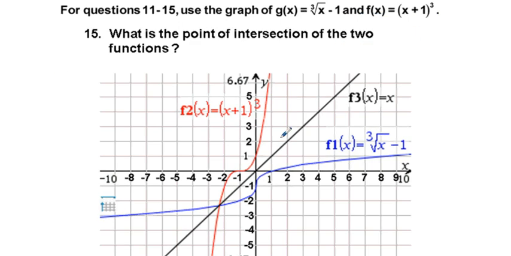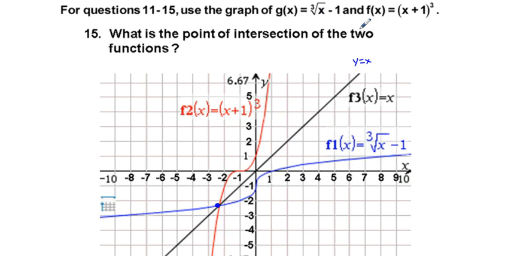Now 15, what is the point of intersection of the two functions? Now this one here is tougher to do. Now you can just kind of look at it, and it's going to be this point right here down in quadrant 3 where these two functions intersect and touch this line, y equals x. And what is the value of that? It looks like the x and y values will be the same. So it's going to be negative 2 point something comma negative 2 point something.